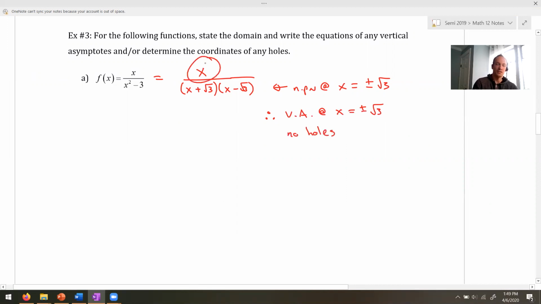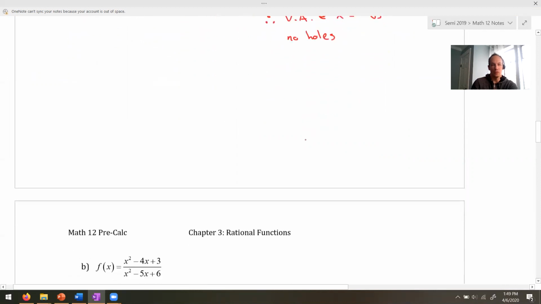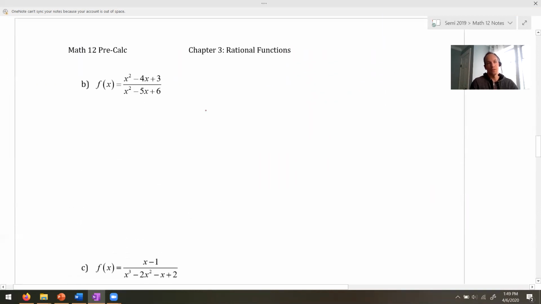The numerator, by the way, has nothing to do with vertical asymptotes. Okay, so it's pretty simple. We've written down our vertical asymptotes, and we've determined that there are no holes, so we don't need to determine the coordinates of any holes.